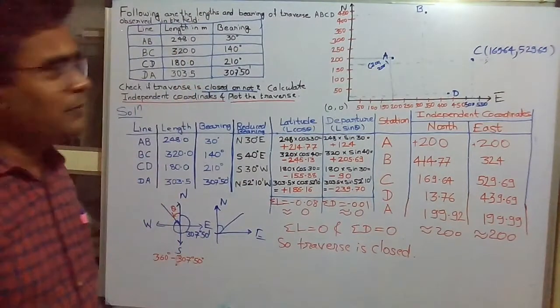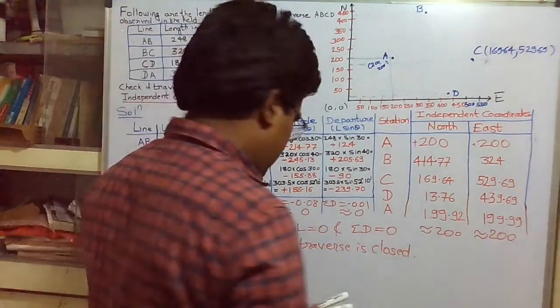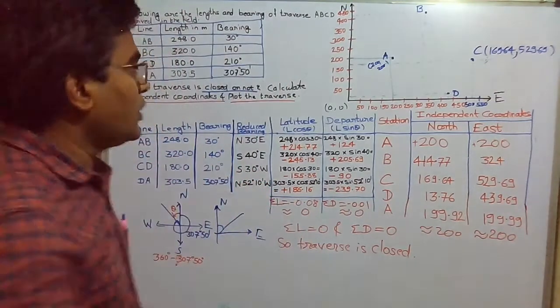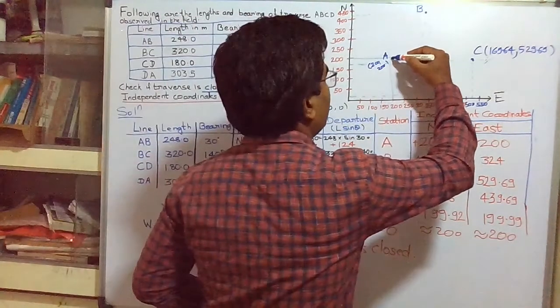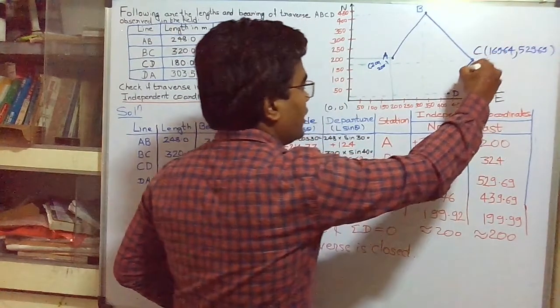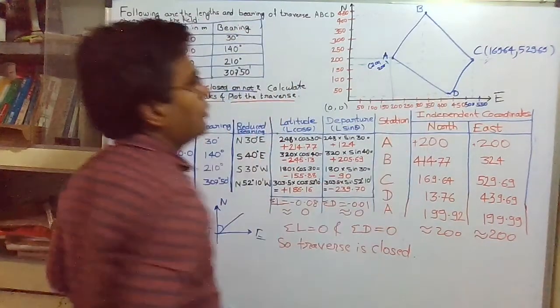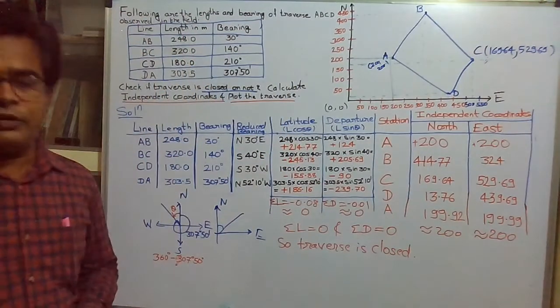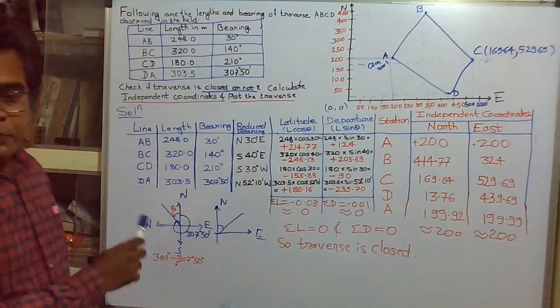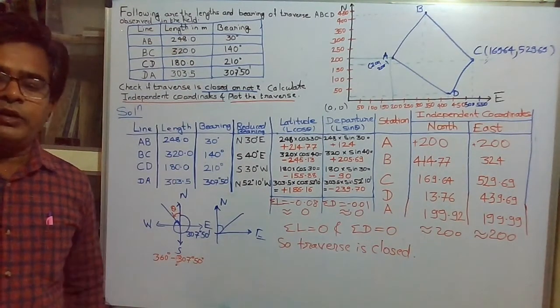This is the same as you draw on your graph sheet. Then we can join this like this: A to B, B to C, C to D, and D to E. This is nothing but the traverse. This is the complete procedure of how we plot the traverse.